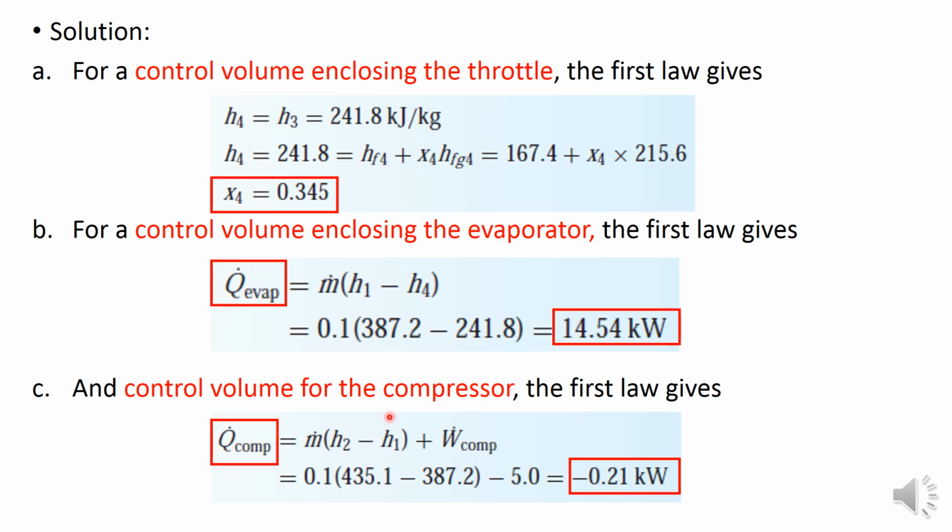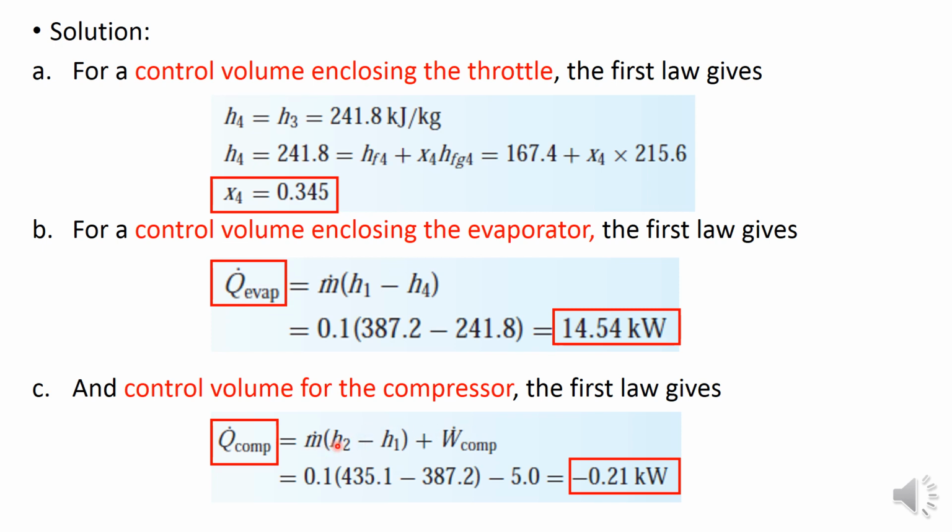The third one is a control volume for the compressor. So again, for the compressor, heat is rejected. So this you have to keep in mind, minus. Okay. So when we apply the first law, you decide which form. Where all kinetic and potential energies are negligible, the equation turns out to be in this particular form. So mass flow rate is given, H2.